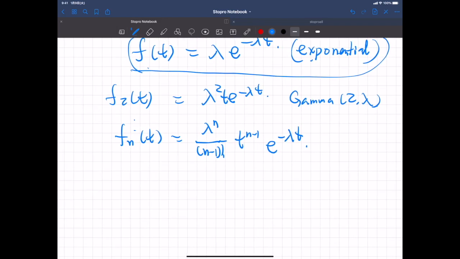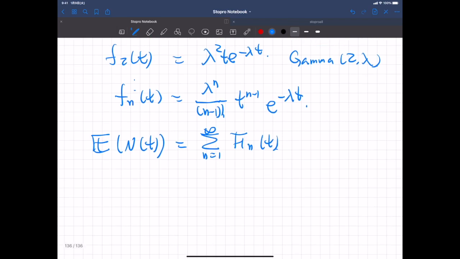So if we know this, then we can go back to the calculation of the expectation value of renewals. So that was the sum of the distribution functions. But this distribution function is the integral of the density. I should use a different variable.